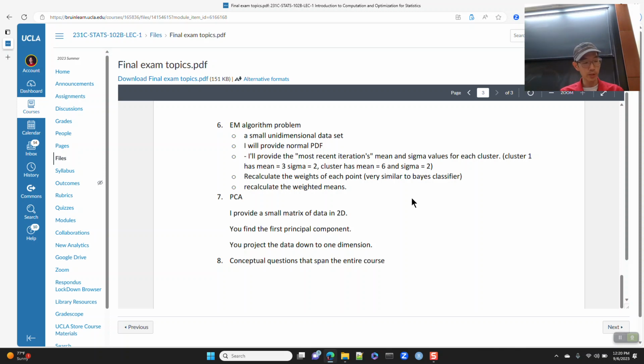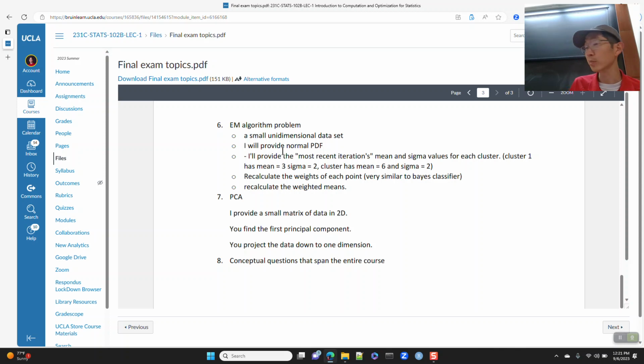But for the exam, I will give you 1-dimensional data, unidimensional data, and I will tell you that the distribution that produced the data is the normal distribution, and the EM algorithm is iterative, so basically you will have your current estimates of what your mean and standard deviation are, and using that, you will redo your classification probabilities.